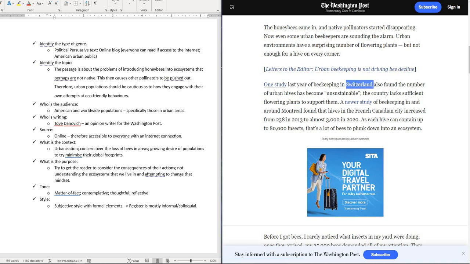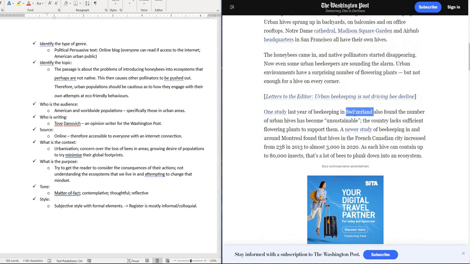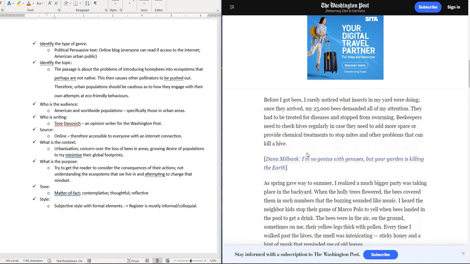We do have Switzerland, although that's a country, that's a city, and that's a particular place in the city. So we do have a sense that it's not just American-based. It does have a link to worldwide urbanization, and then the problem is global as well. So it can be for both American and worldwide populations.